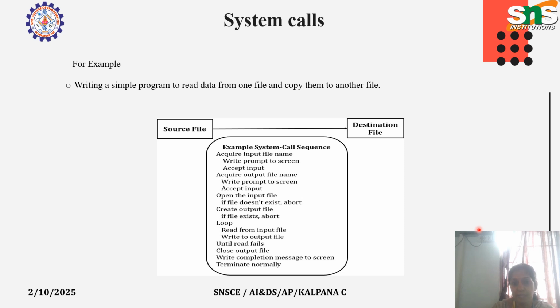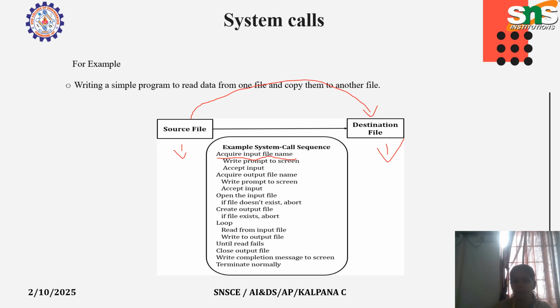For doing this operation, just see how many system call sequences have been created. This is our source file and this is our destination file. We are going to copy the content from here to here. To do that, what we have to do first is get the input file name. Because the source file name is needed, and the destination file name is also needed for copying the file.